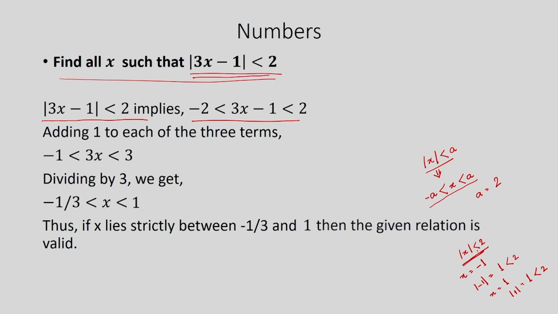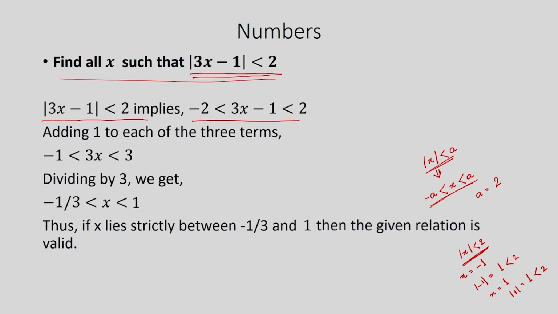In other words, x lying in the range from minus 2 to plus 2 will satisfy this relationship, right. That is why I am writing that if modulus of x is less than small a, where a is a positive constant, then I can straight away write minus a strictly less than x strictly less than plus a.